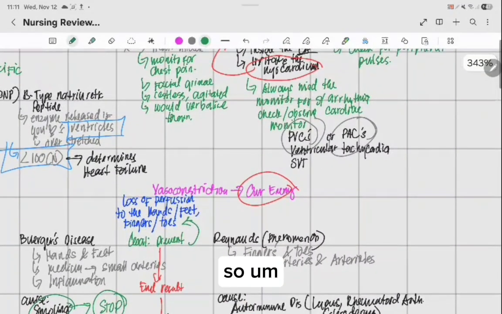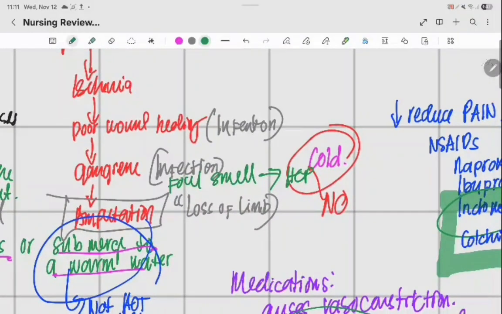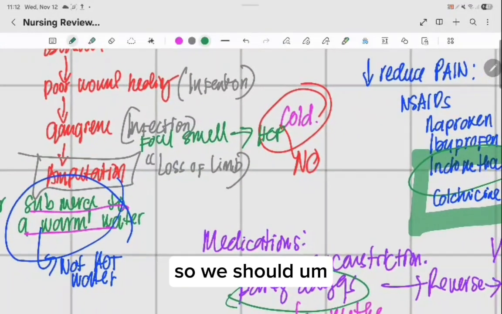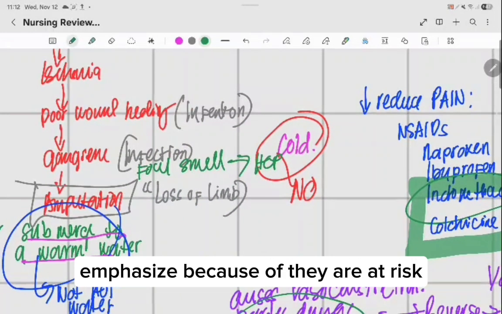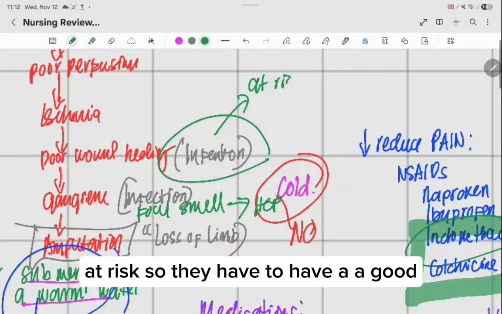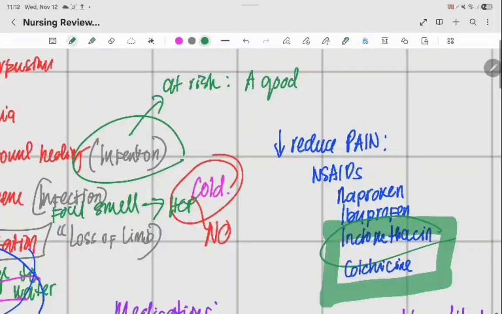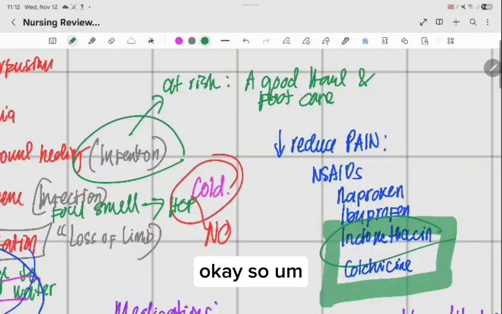So we really have to advise patients, if they have this, they should have good hand and foot care. So we should emphasize, because they are at risk for infection, they have to have good hand and foot care.